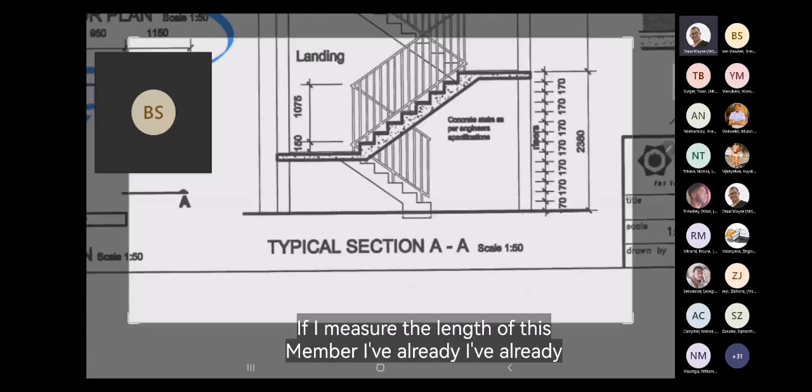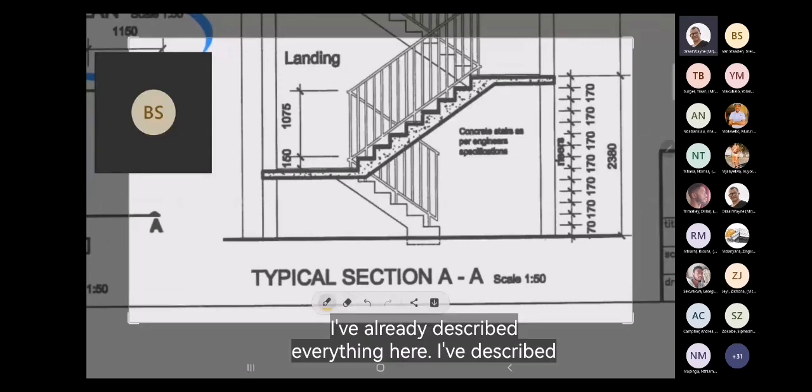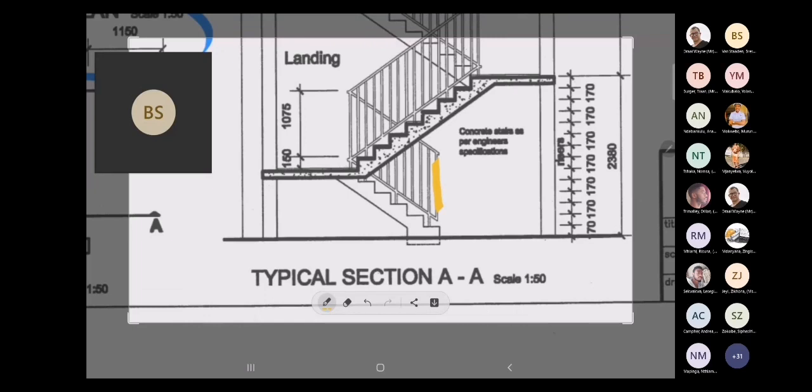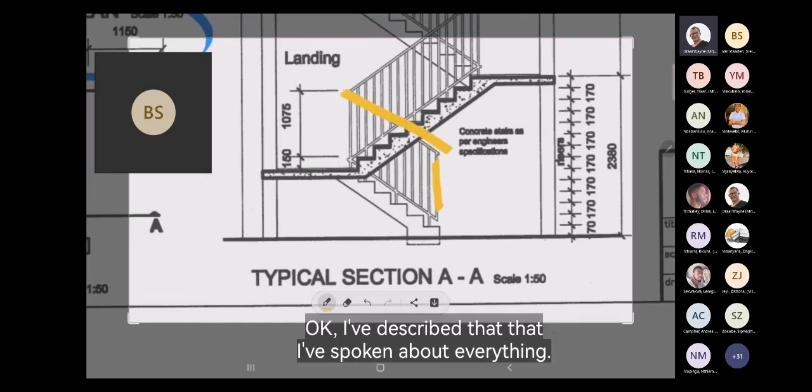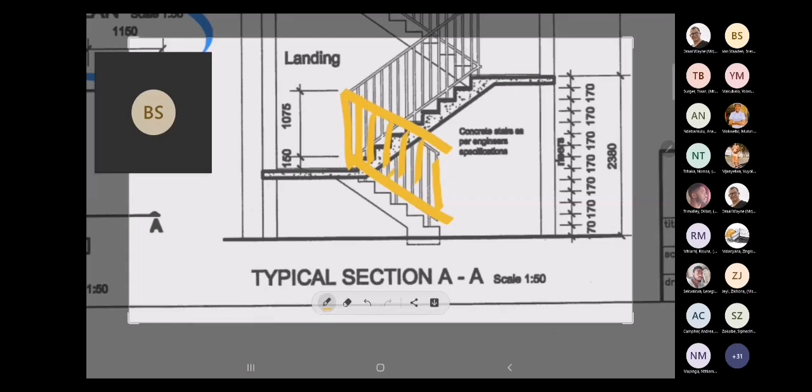If I measure the length of this, remember I've already described everything here. I've described that, I've spoken about everything in between. Right? So I've described it. What do I need now? What do I need?